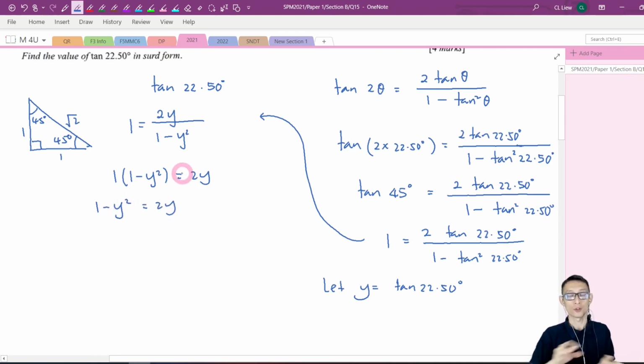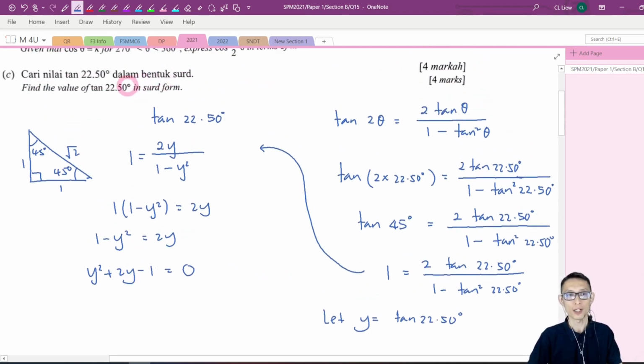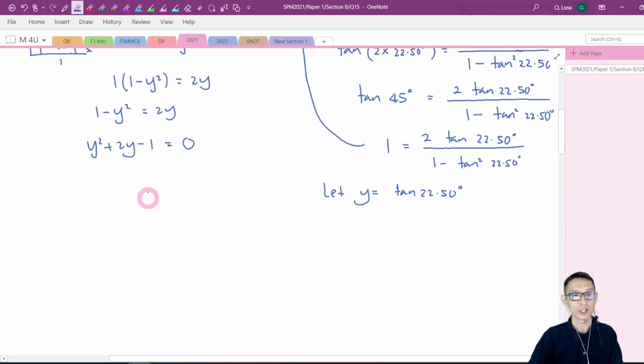I'm going to rearrange all the terms to make it a quadratic equation in general form. So it will become y squared plus 2y minus 1 equal to 0. Now, in such form, I know I need to use the quadratic formula to help me get tangent 22.5 degrees.